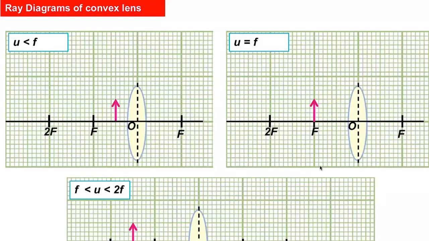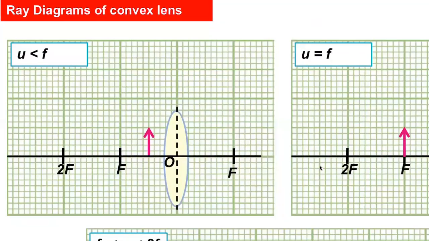All right, at first we will try to draw the ray diagram for a convex lens. Please take note that U means object distance, and F is the focal length.